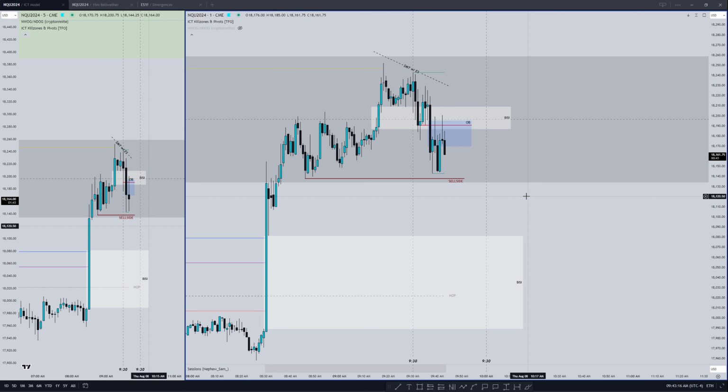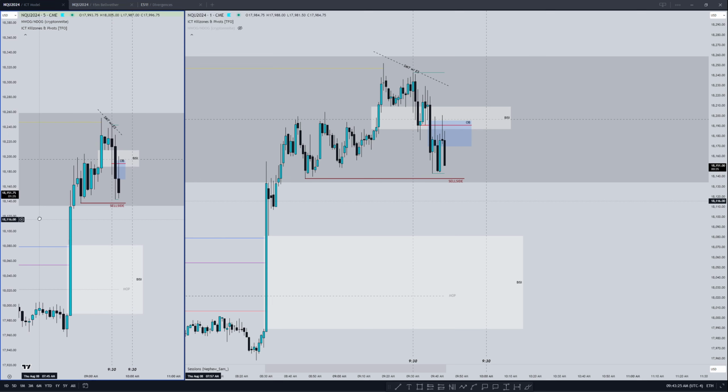The order block's holding. 5-minute inversion gap is also holding right around consequent encroachment with the spread.